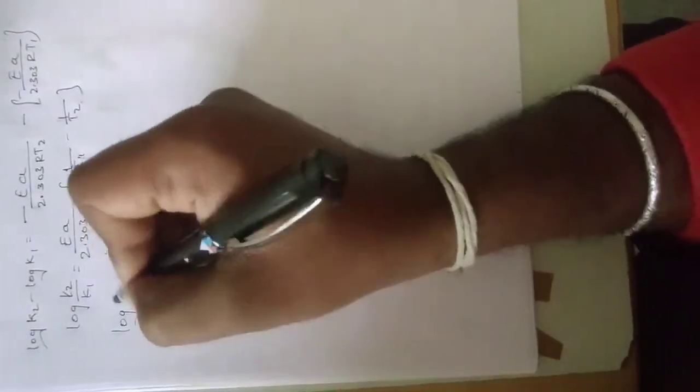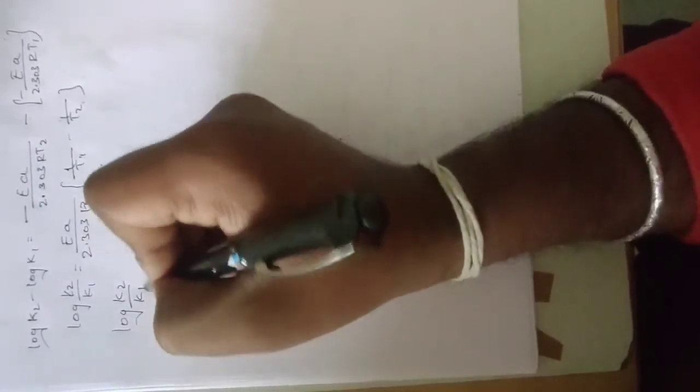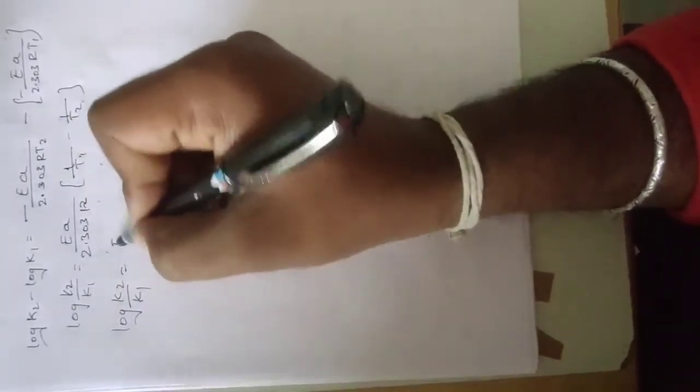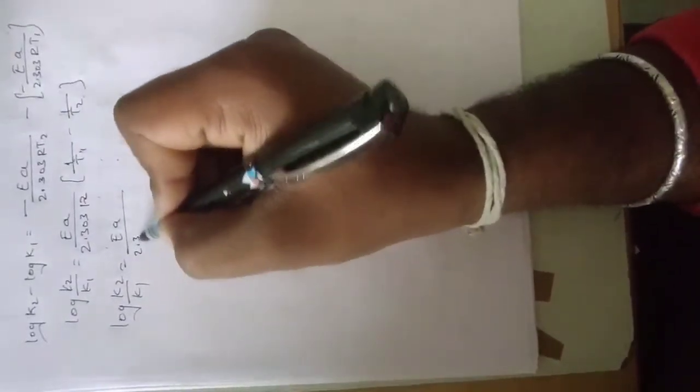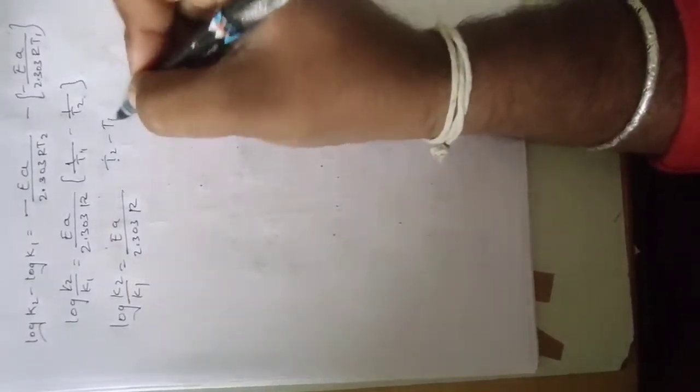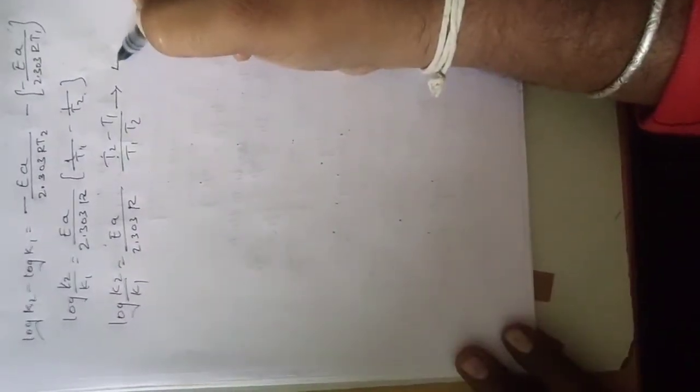If we cross multiply, the overall equation becomes log k2 by k1 equals Ea by 2.303 R into T2 minus T1 by T1 T2.